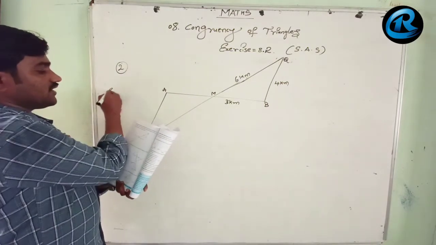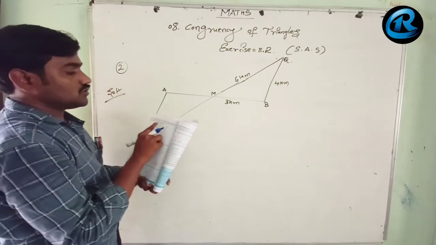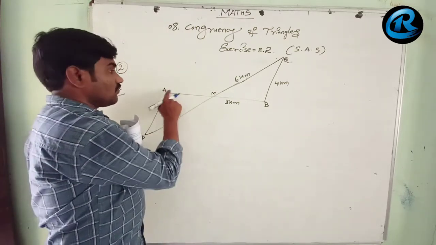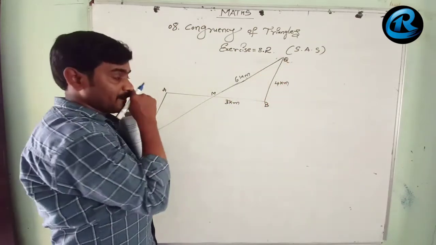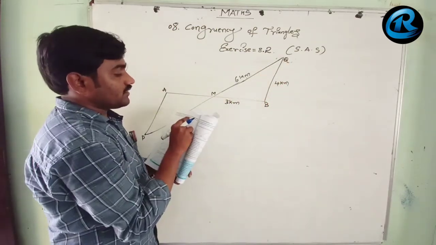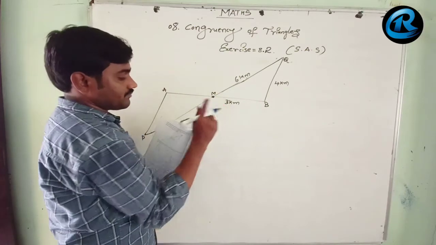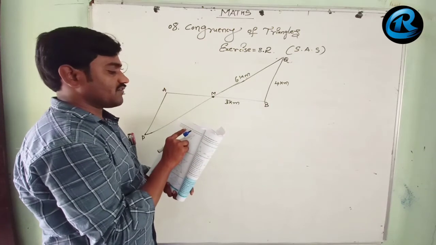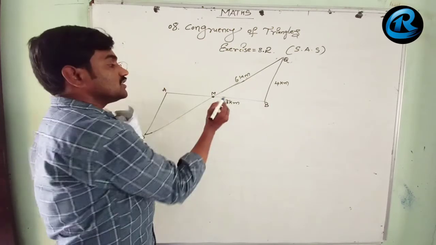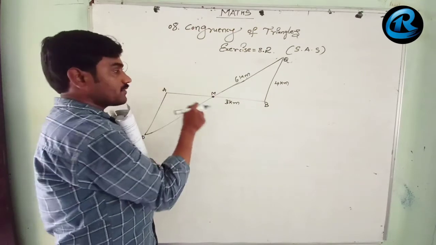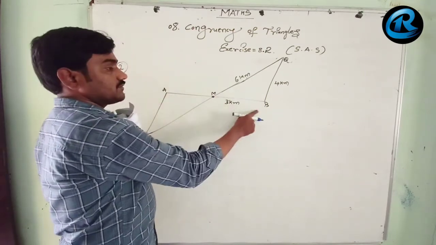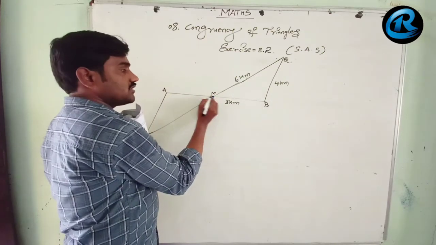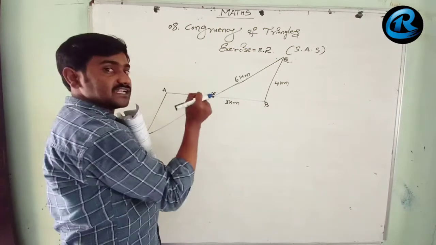The map given shows 5 different villages. So here there are 5 different villages: 1, 2, 3, 4, 5. And the village M is exactly halfway between the two pairs of villages, A and B as well as P and Q. This village is exactly in the middle of A and B. That means A and B are 2 villages, and M is another village between these 2 villages exactly in the middle.